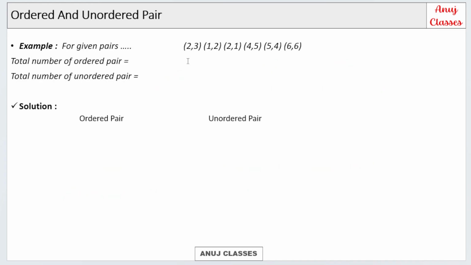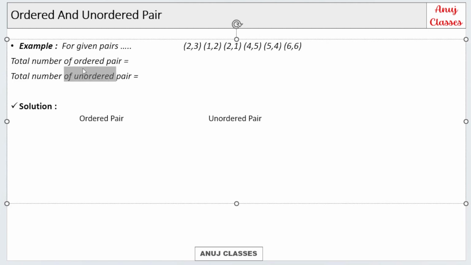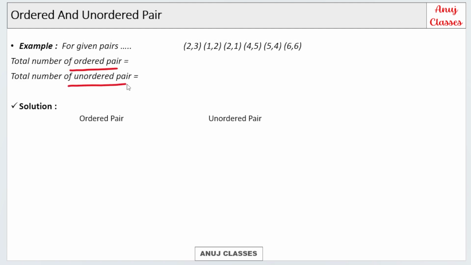Okay, so here we have our first example, and we need to identify the total number of ordered pairs and the total number of unordered pairs. So within the ordered pairs, we'll start writing the pairs. The first pair is 2 and 3, then we have 1 and 2, then 2 and 1, then 4 and 5, then again 5 and 4, then 6 and 6.